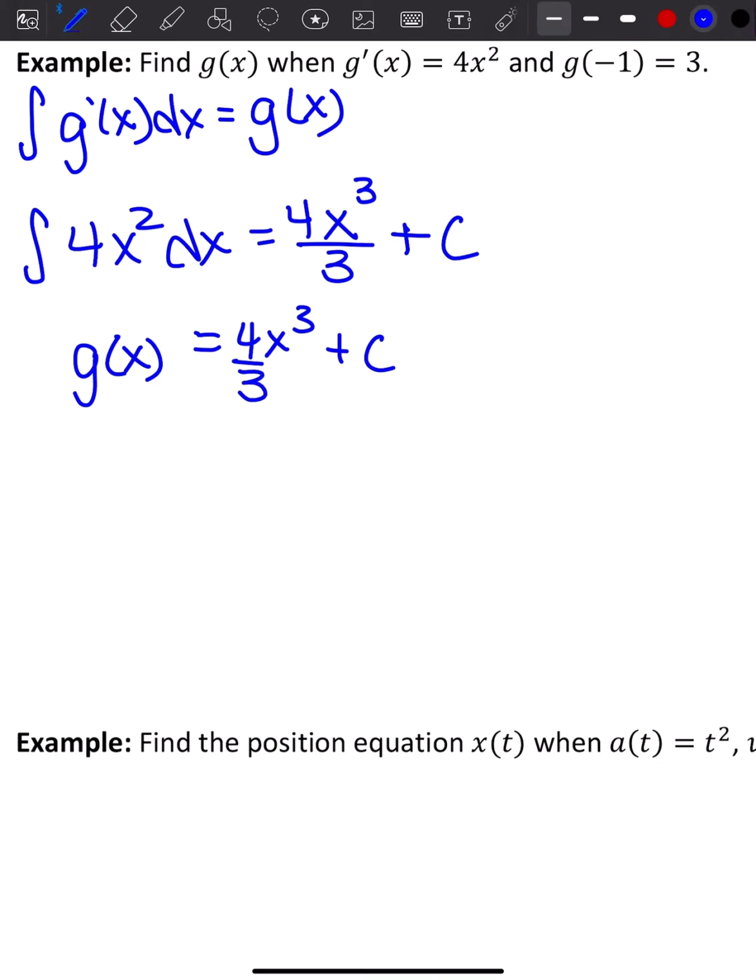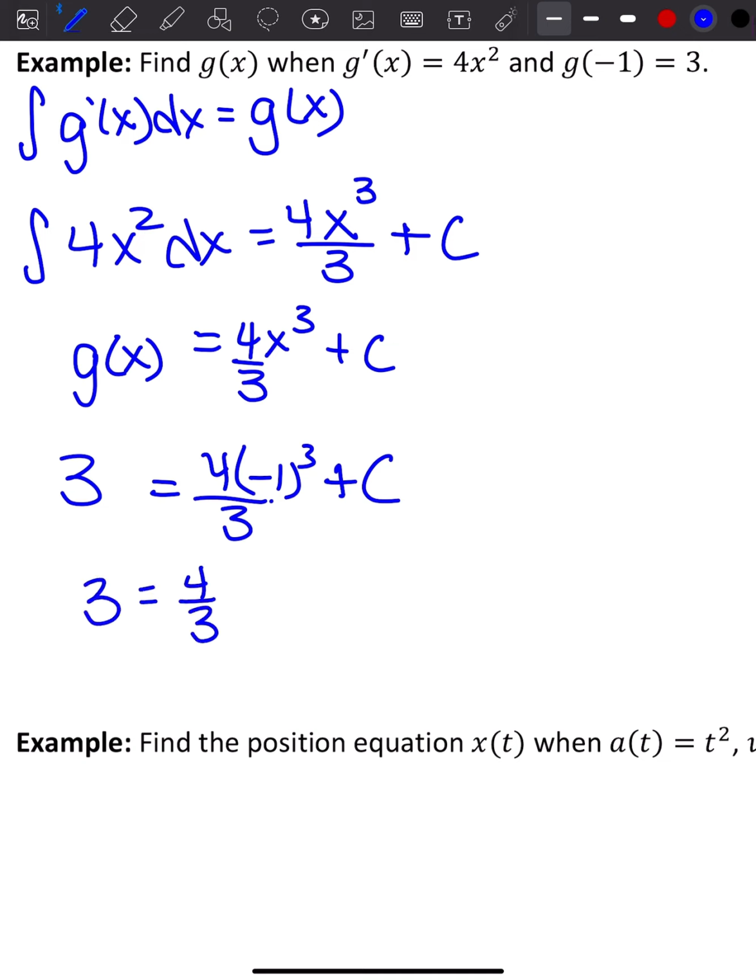We have our initial condition, g of negative 1 is equal to 3, so when x is negative 1, g of x is equal to 3. So we have 3 is equal to 4/3, but negative, because negative 1 cubed is negative, and if we multiply those together, we get a negative 4/3, plus c.